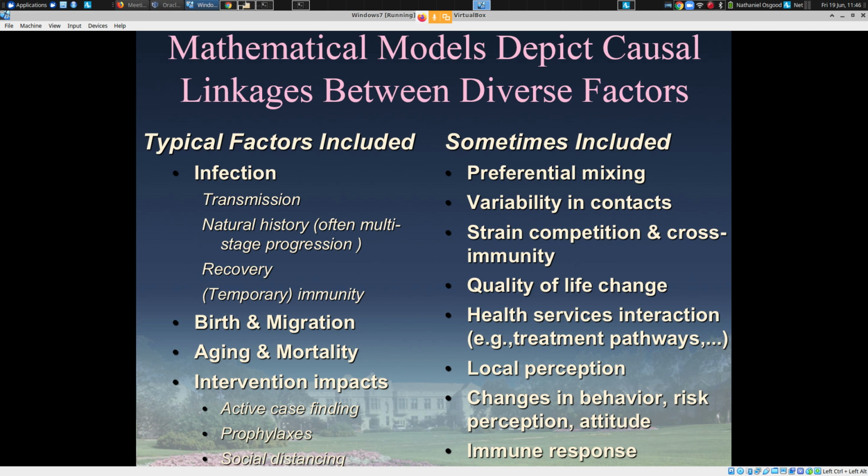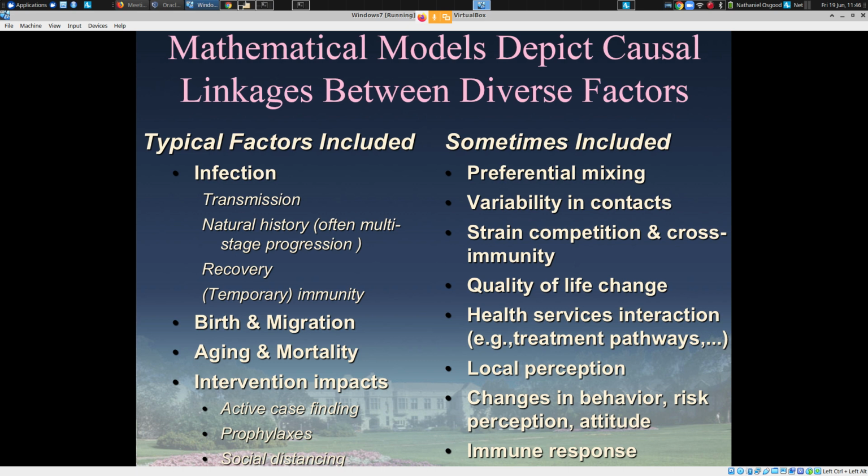Maybe it's active case finding, prophylaxis such as masks, or for STIs, it would be use of condoms, social distancing, perhaps in the case of airborne or moisture droplet-based spread, etc. What's sometimes included are things like preferential mixing. Kids mix more with kids. They have more contacts with kids, for example, proportionally than adults do.